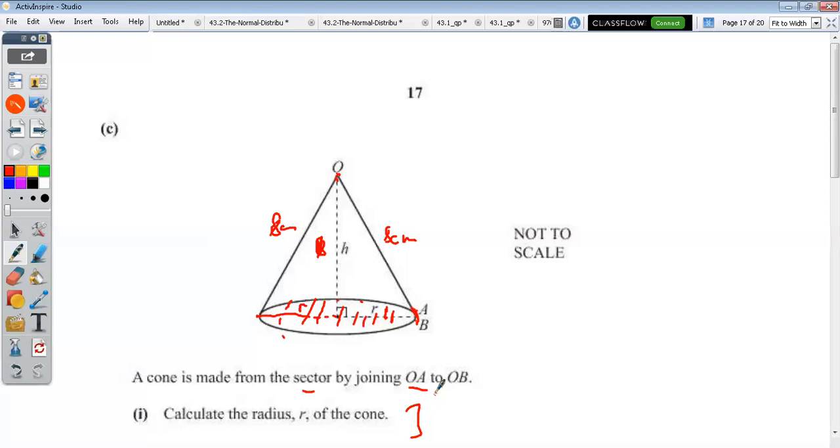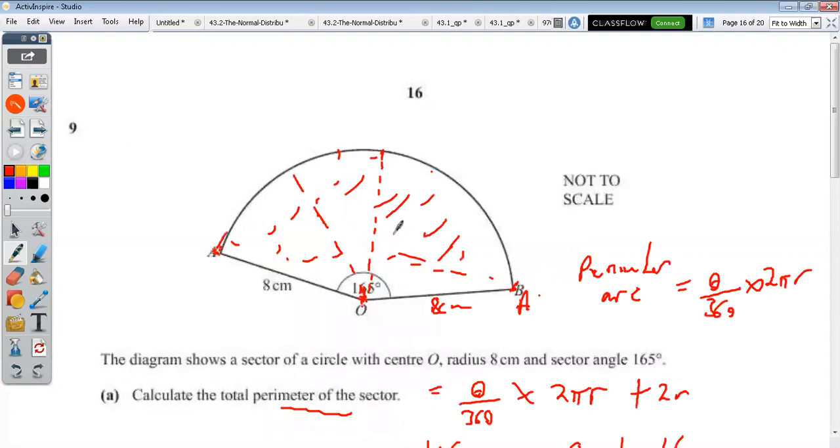It's that length from the sector that's just been joined to make a circle. Okay, I get your point. When we join this, it becomes a circle. That's the shape of it when we turn it into a cone, right? And then the length of AB is the circumference of the circle.